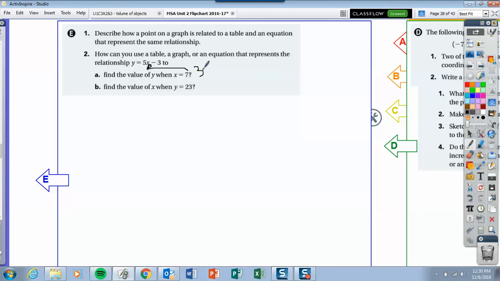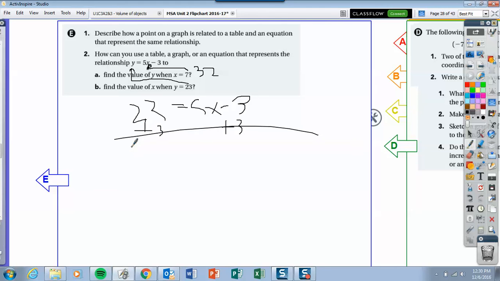And then find the value of x when y equals 23. I'm going to put 23 into the original equation. So now I've got 23 equals 5x minus 3. I'm going to add 3 to both sides, which leaves me with 26 equals 5x.